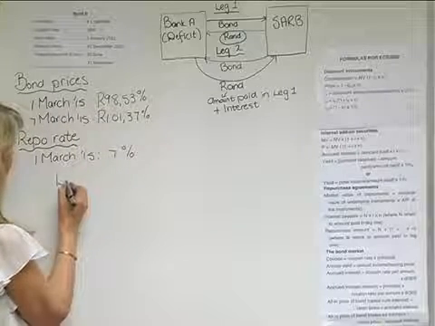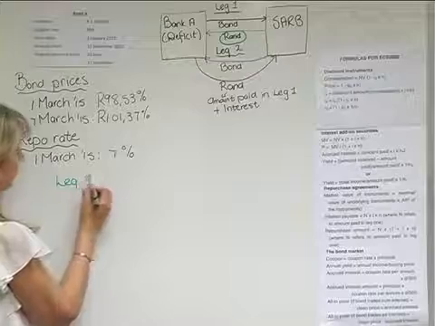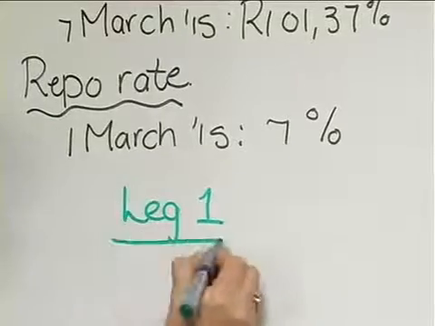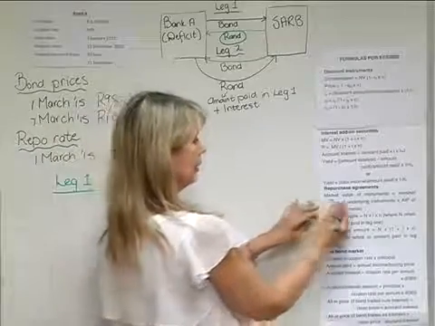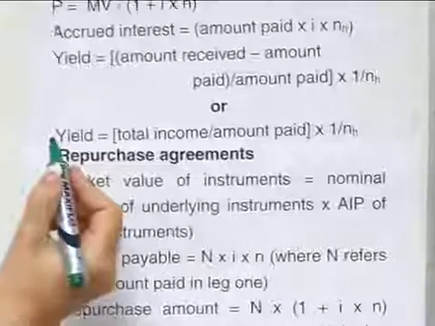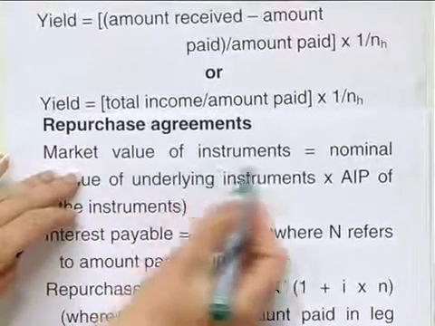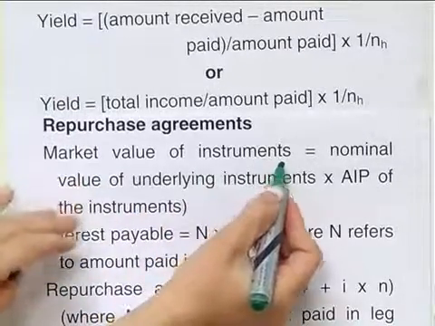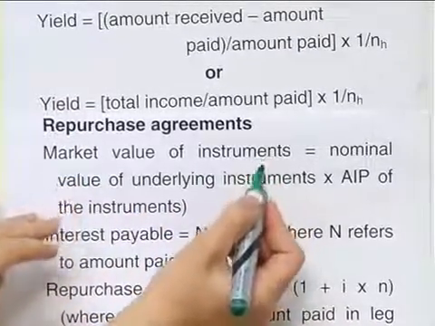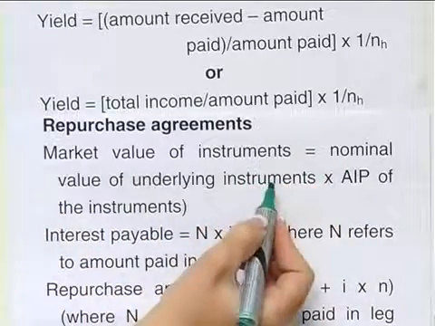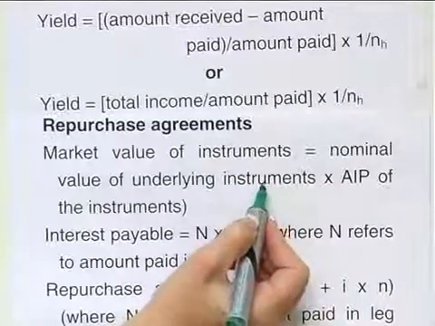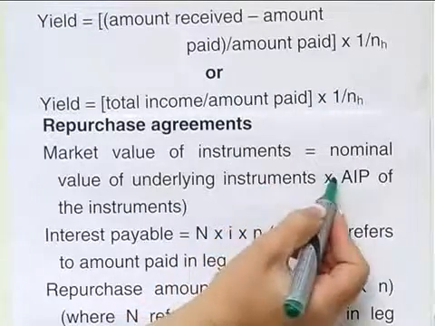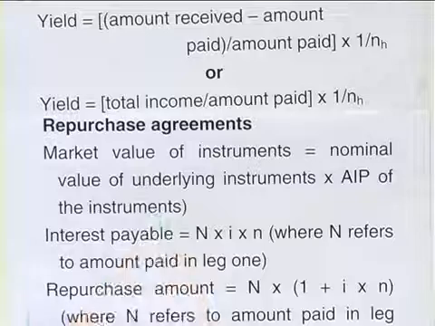So in leg 1, we go to our formula sheet. The bank is going to receive the market value of the instrument. So you're going to calculate it by using the nominal value of the underlying instrument, which for this transaction is the bond, times the all-in price of the instrument.